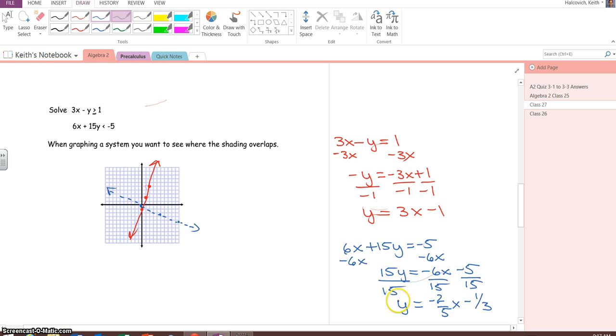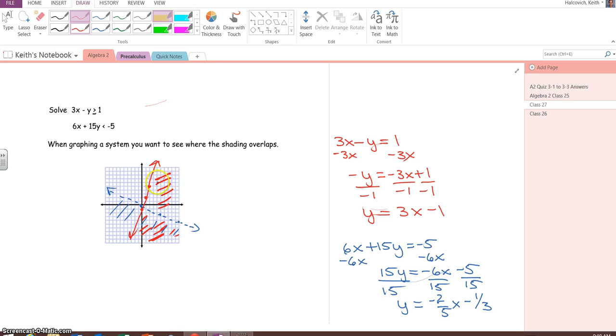Okay, now, understanding that if I were to shade this line, less than means I shade below, so I'd be down here for the blue. The blue would actually go right here. The red, since it's greater than, would actually go over here.